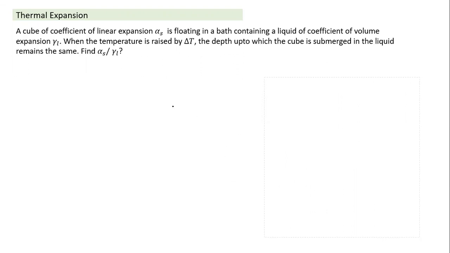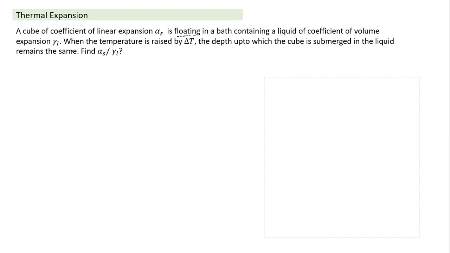Okay, let's look at this question. You notice there are several questions related to expansion which may involve two different concepts. In this case, the moment the word floating has come, along with the effect of change in temperature, which are the two concepts relevant here? One is thermal property, and the second is fluid property.